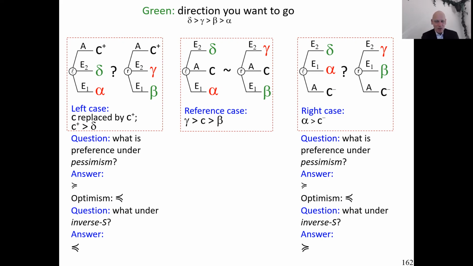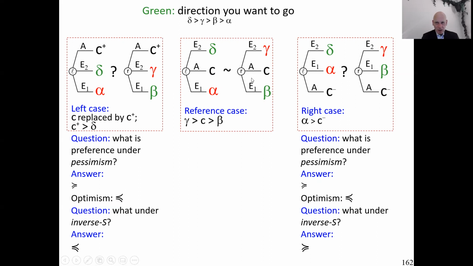You can think through yourself, and it's just the same as risk, so you can do it. So I consider one case where in the reference case here, we compare it with the left case, and we see what happens with a pessimist. Okay, well, again, the lower branch is the same in both panels. It has the same rank, everything the same. So that doesn't make us think the preference will change. Let us look at what is this capital A event.